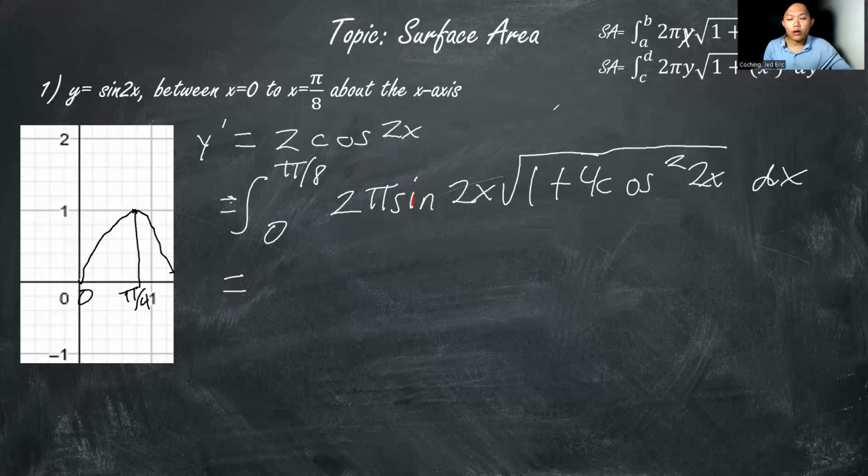If I remember correctly, we have cos 2x is equal to 1 half tan theta.